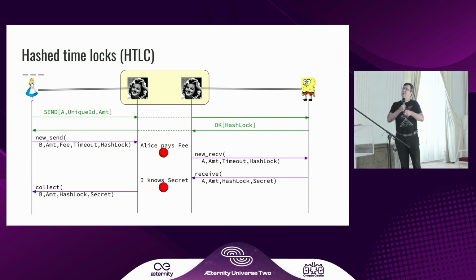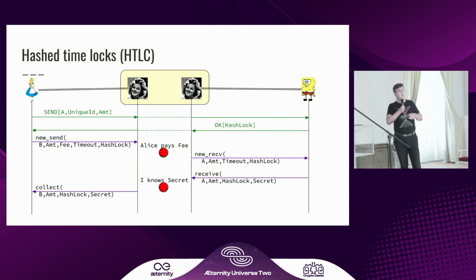Alice then calls a contract on the channel. Now, Alice or Ingrid would have installed the same contract on every channel here. So she does a contract call, which is, she says, new send to Bob, this is the amount, this is what Ingrid gets to keep, the fee.